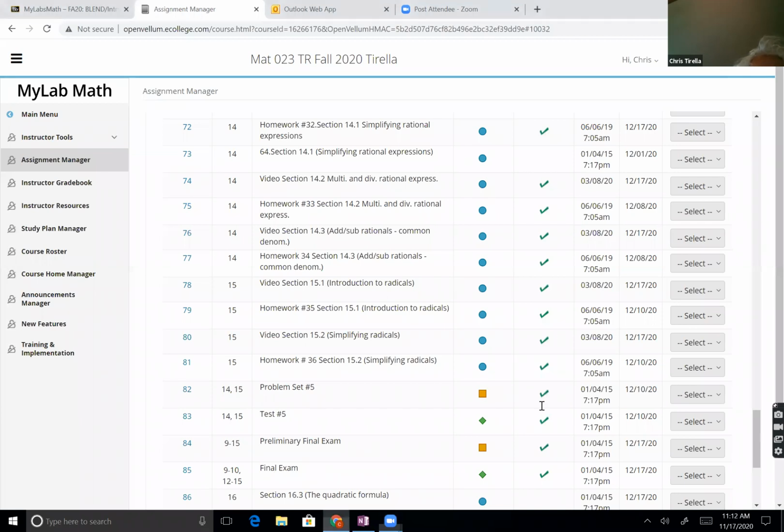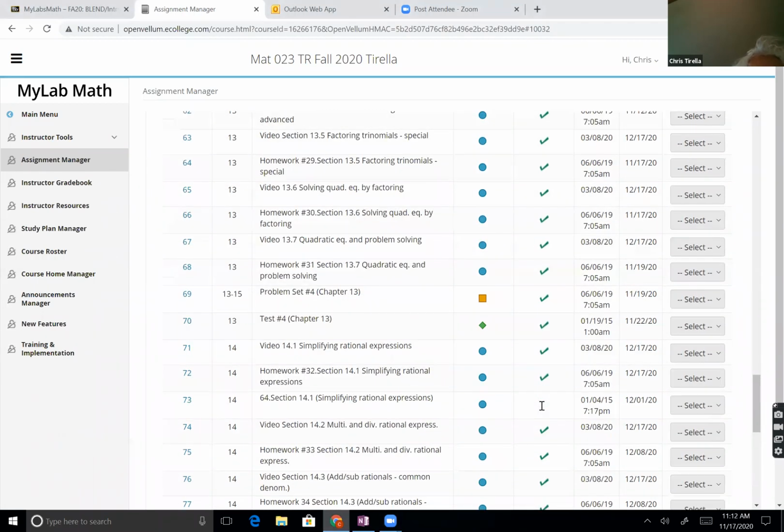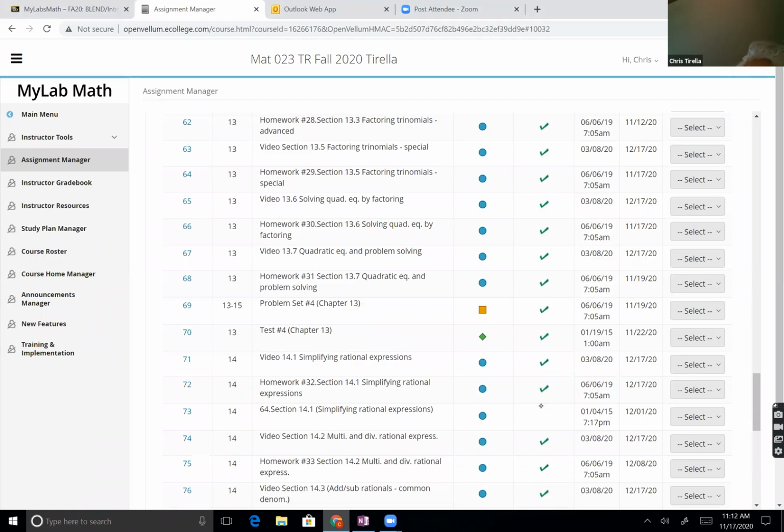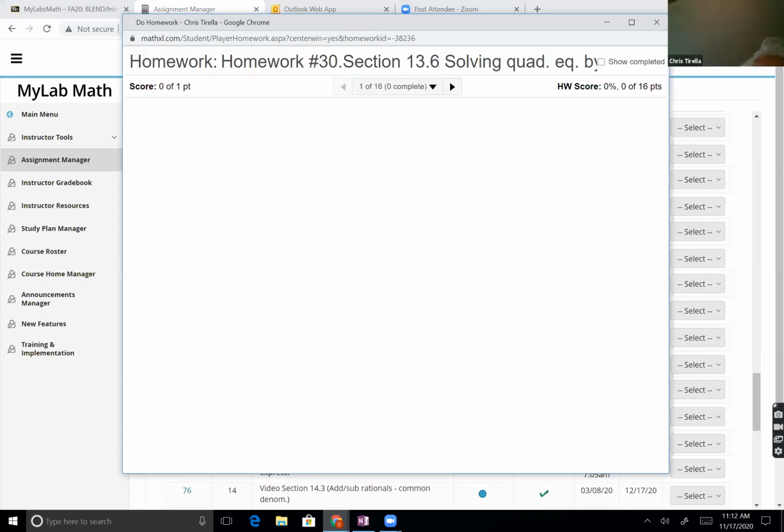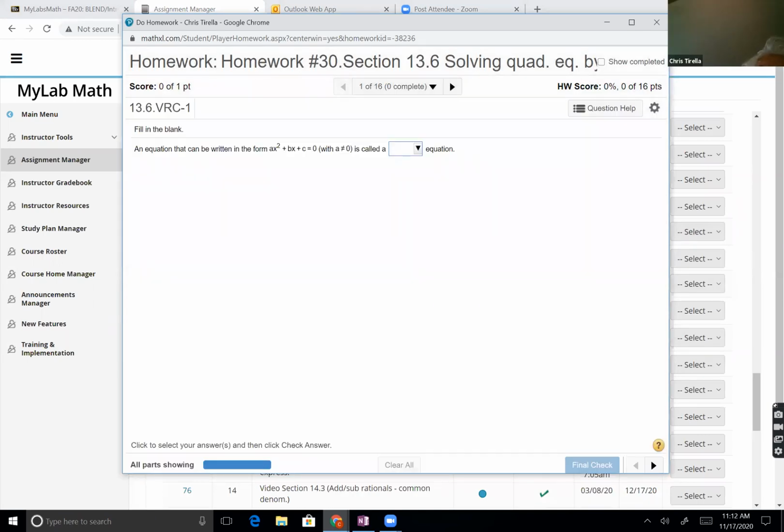So we were looking at specials here, the homework that's due today. The other homework that's due today is this homework 30, solving quadratic equations by factoring. Does anybody want to look at any of those? Yeah, go over some of them. Okay. Yeah, thank you. All right. There's 16 of them. Let's see.